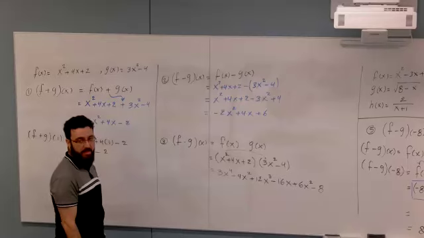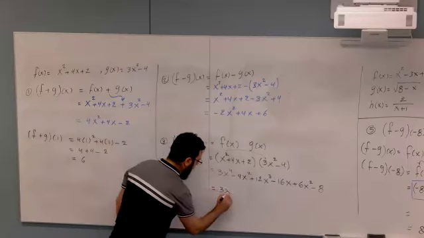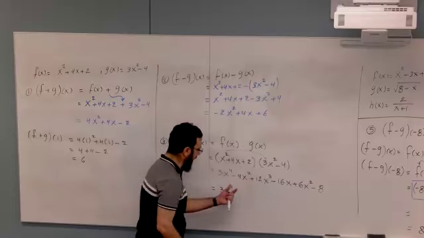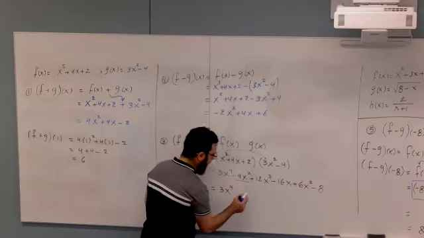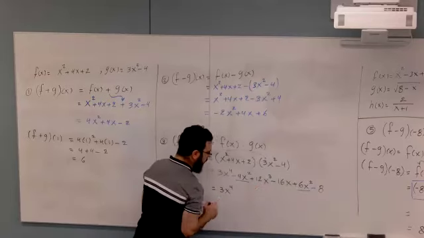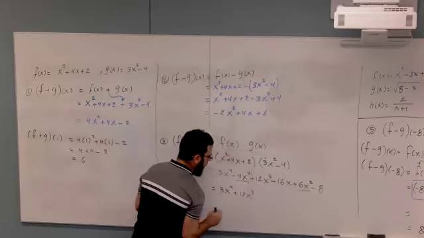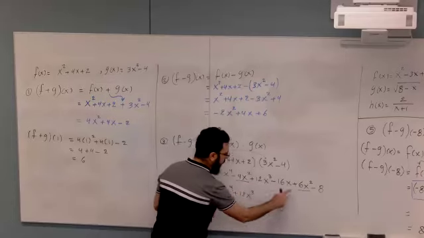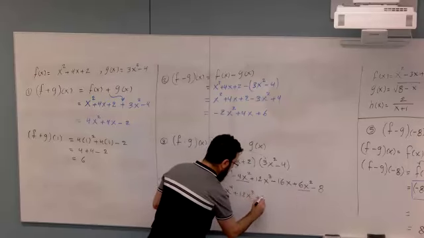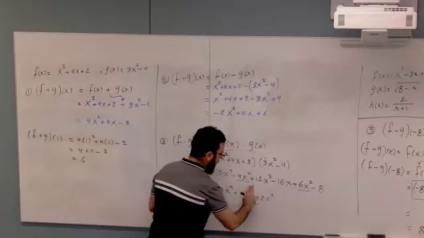Next step, combine like terms. 3x to the power 4. I have squared terms, I have a cubed term, so I'm going to write down 12x cubed. Negative 4 plus 6, 2x squared. What was left?